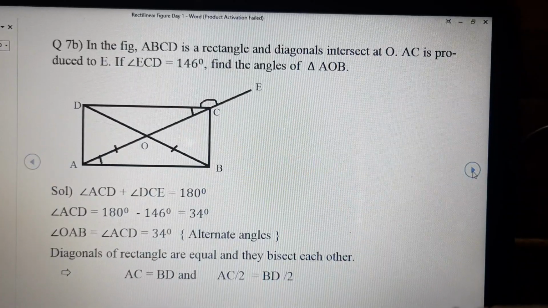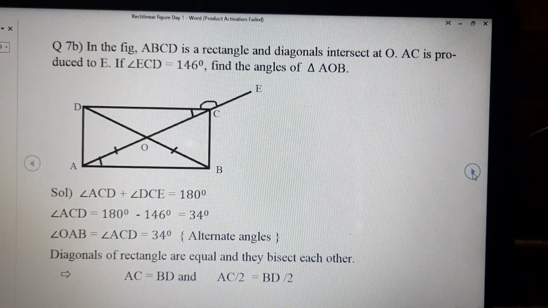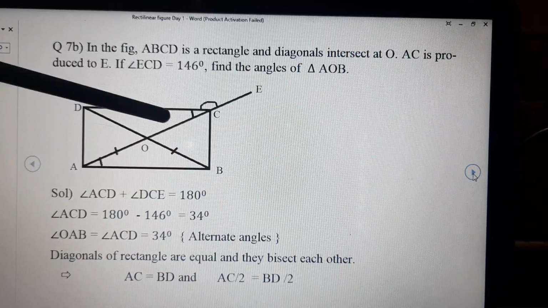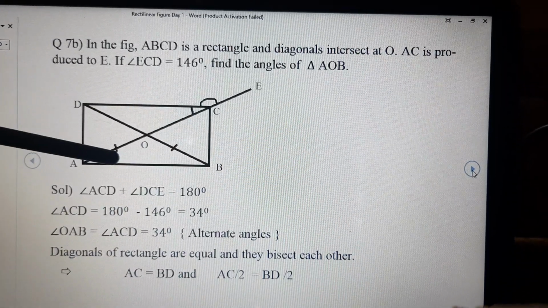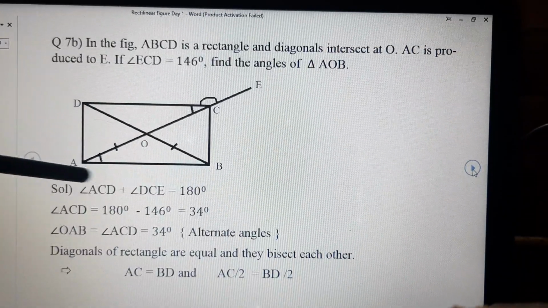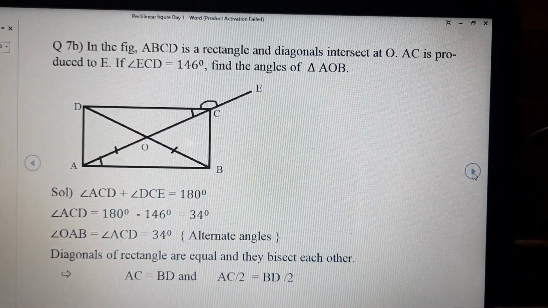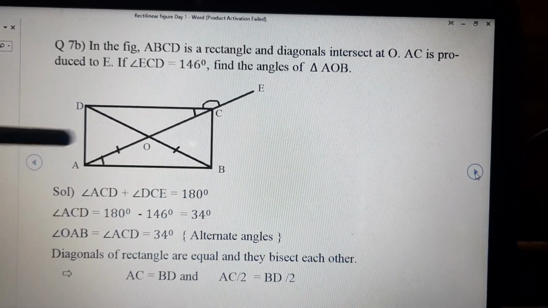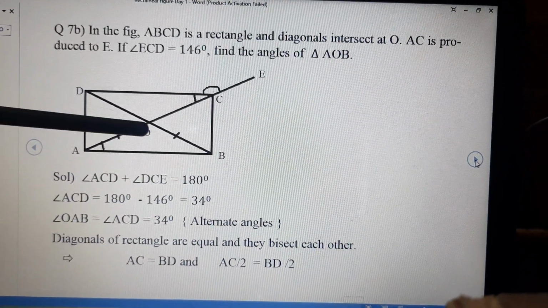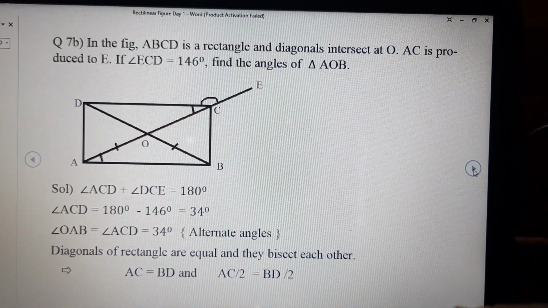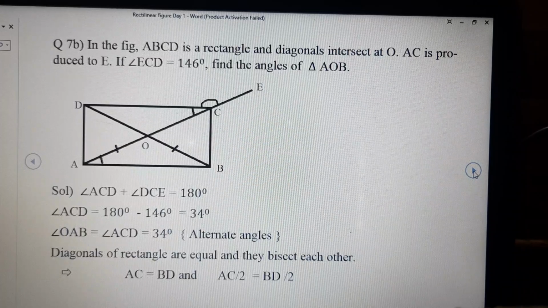Now, if this angle is 34, angle OAB and angle OCD will be alternate angles because CD and AB are parallel to each other, opposite sides of a rectangle. So if this is 34, this also becomes 34. Half of AC is OA, and half of BD is OB. Why? Because diagonals of a rectangle bisect each other.